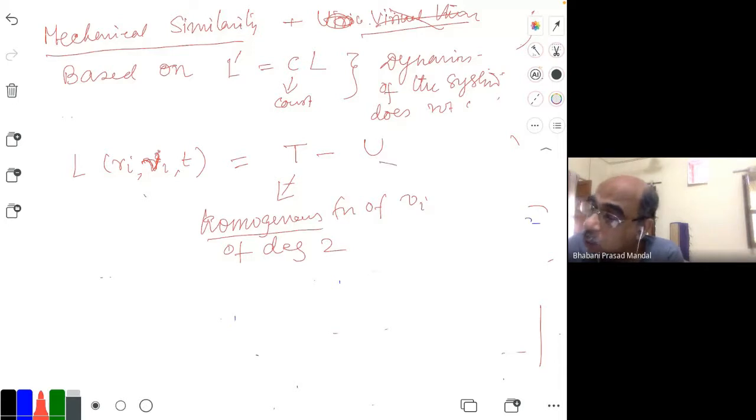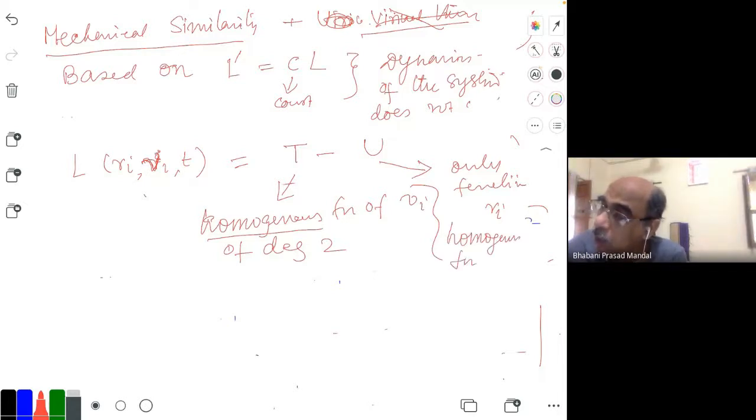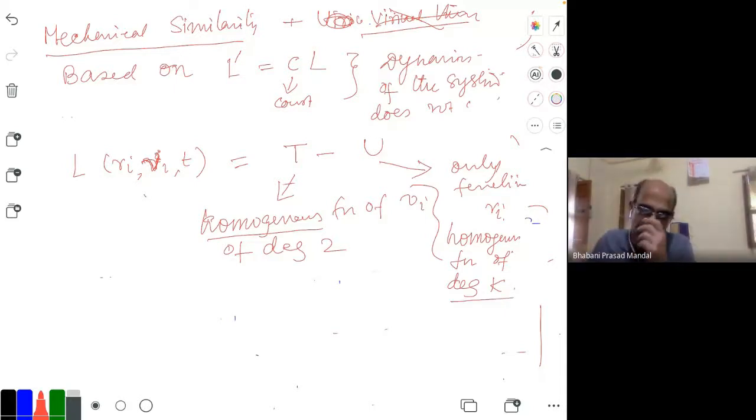Second, we will assume that the potential energy is only a function of ri, and it is again a homogeneous function of degree, say, k. k can be 1, can be -1, can be 4, etc. For example, for the harmonic oscillator, k is 2.